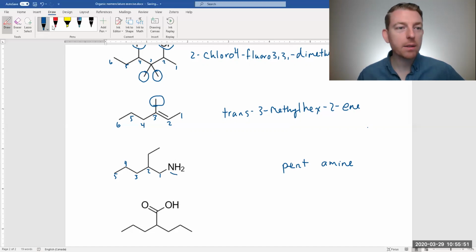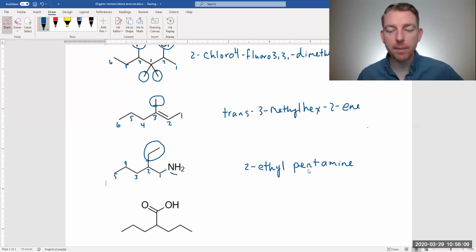Okay, and that side chain, let's just put that so that it's all one word, just so it can be as clear as possible. Okay, and the side chain is an ethyl group, and so this will be 2-ethylpentamine. And nothing else going on there, so I think we've covered everything off. 2-ethylpentamine, we're good to go.